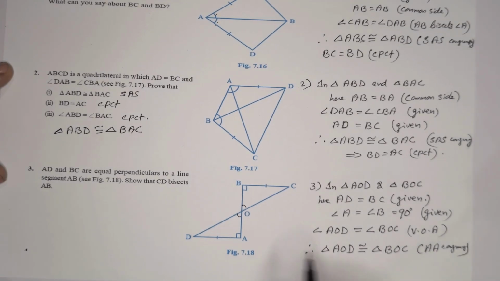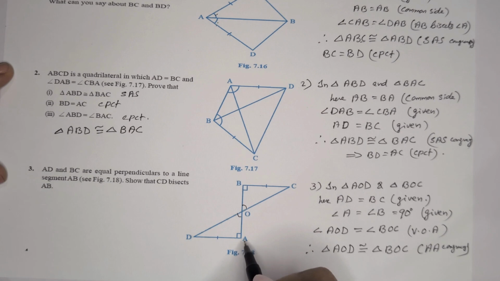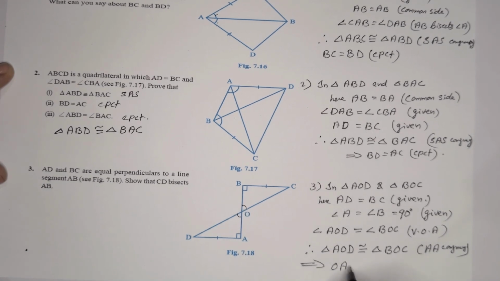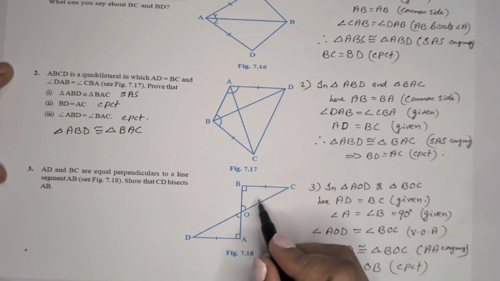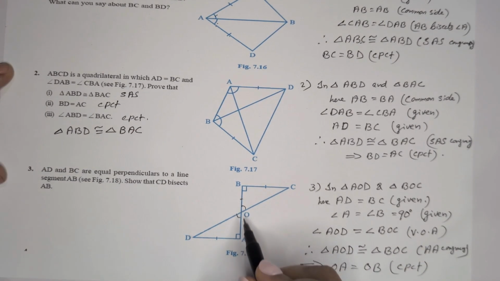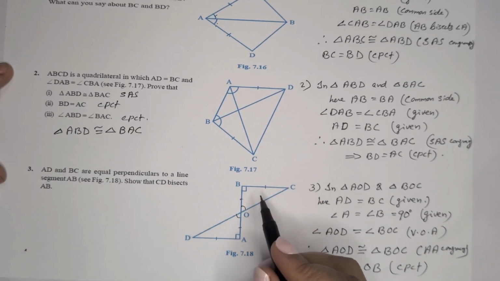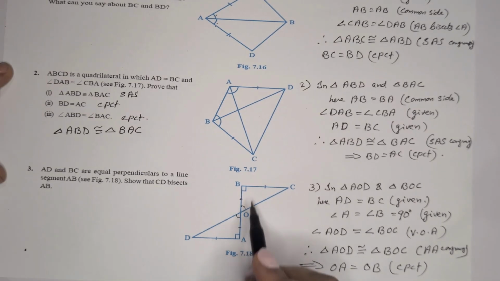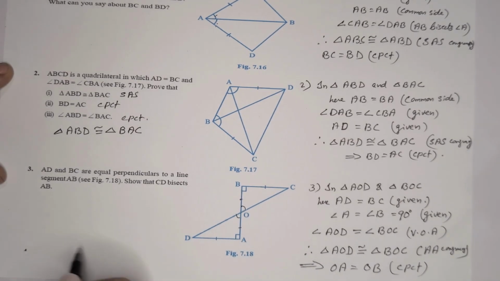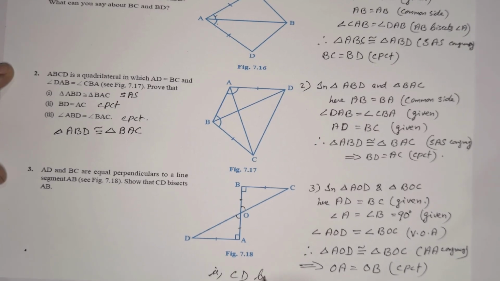Then we can see OA is equal to OB by CPCT. If these two triangles are congruent, their corresponding parts are equal. So OA is equal to OB by CPCT, which means CD bisects AB.